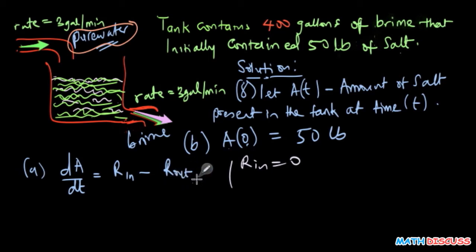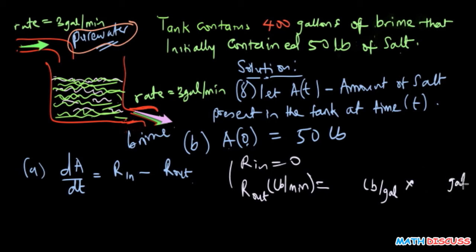Now to find the rate at which the brine is coming out, a very good way to think about it is, since we know R out is the rate at which the salt is leaving the tank, and the unit is lb per minute, the formula that we are going to use is lb, which is a very good way I use to explain this, times gallon per minute.